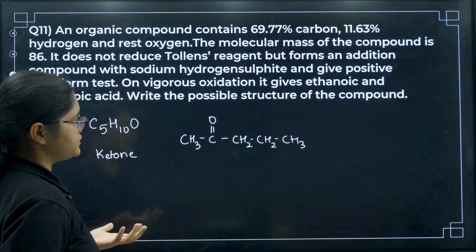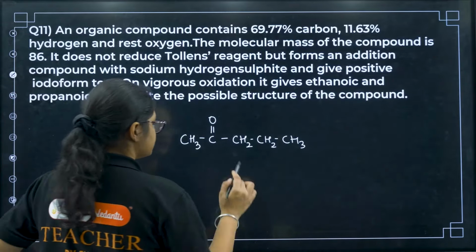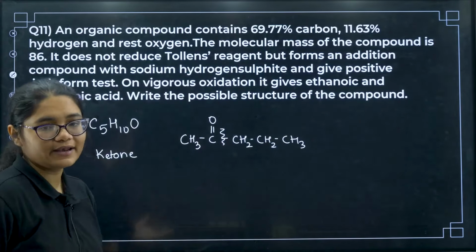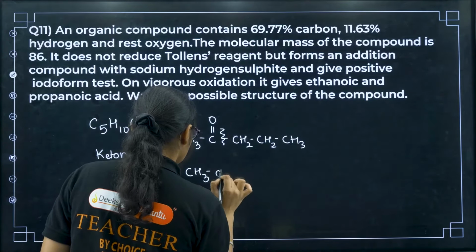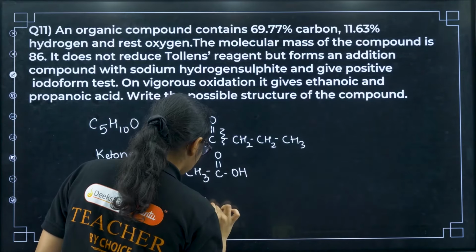On vigorous oxidation it gives ethanoic acid and propanoic acid. So this part will be converted to an acid and this part will be converted to an acid, so you will get ethanoic acid and propanoic acid.